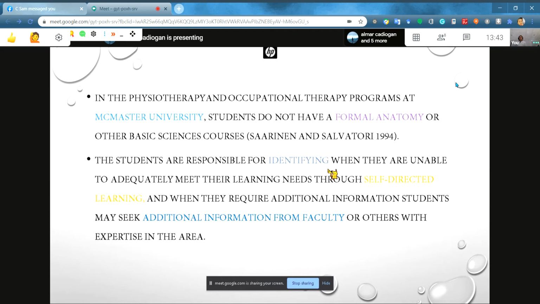So, ang ginahimo sa mga estudyante dito kay sila ang responsible for identifying when they are unable to adequately meet their learning needs through self-directed learning. Then, when they require additional information, students may seek additional information from faculty or others with expertise in the area.